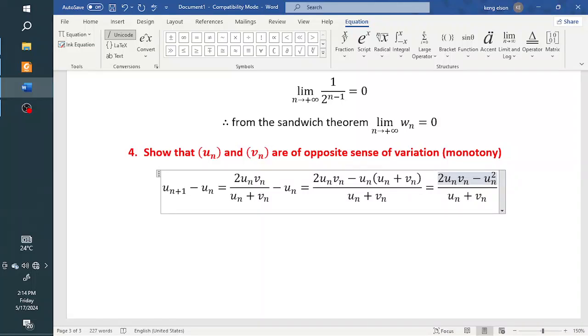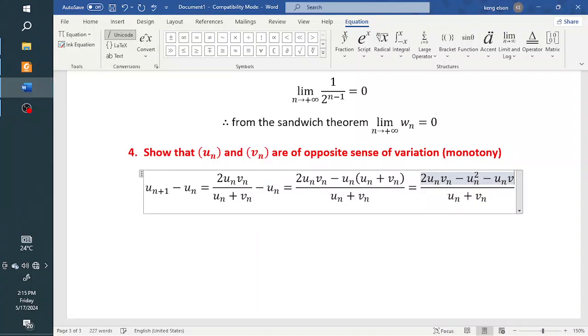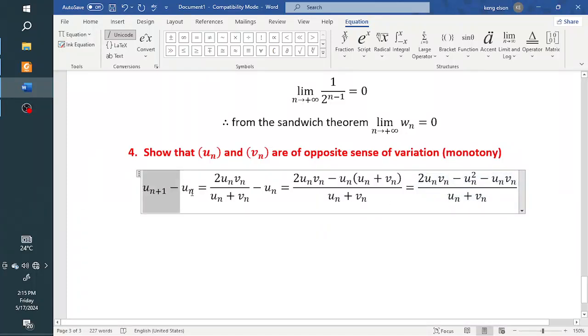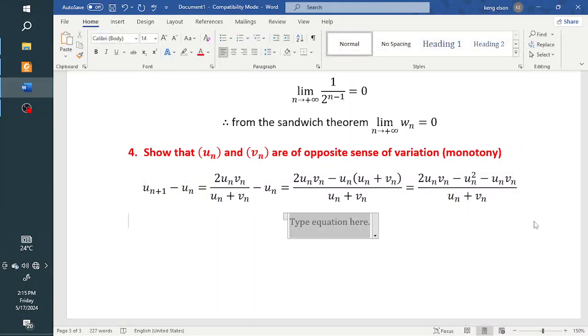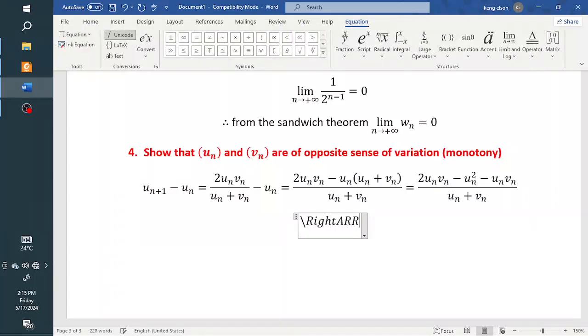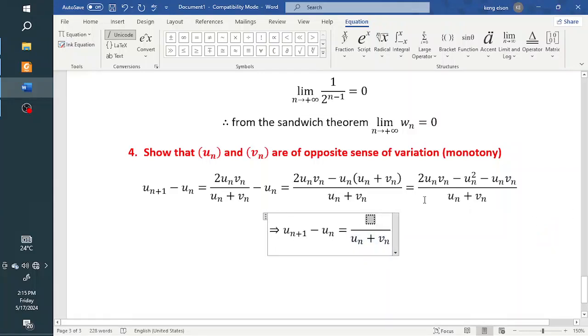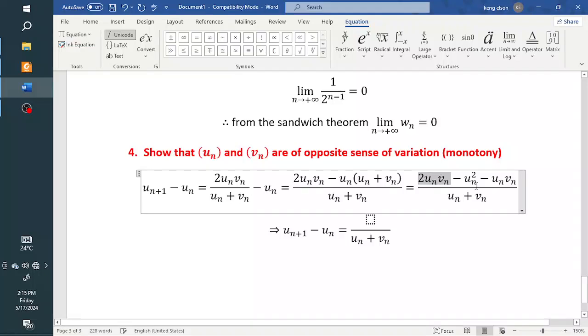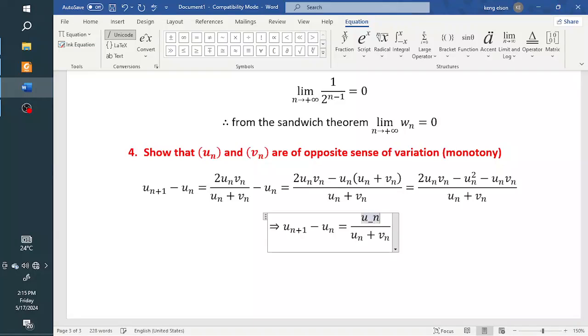Negative Un times Vn is negative Un Vn. Now we basically have to bring like terms together. So this is equal to, my denominator stays intact, my numerator, if I take 2Un Vn minus Un Vn, we are going to get Un Vn. Then we need to subtract Un squared.